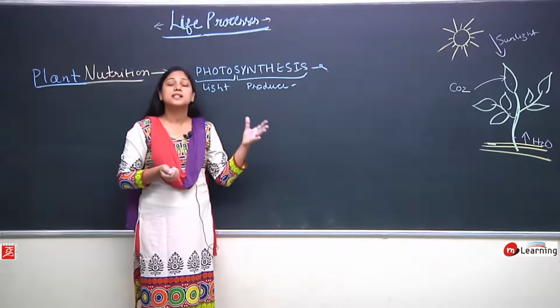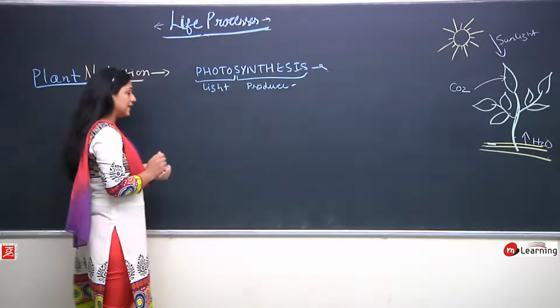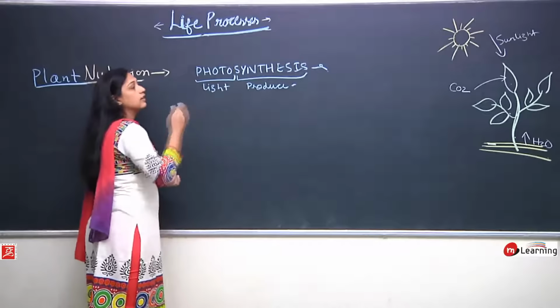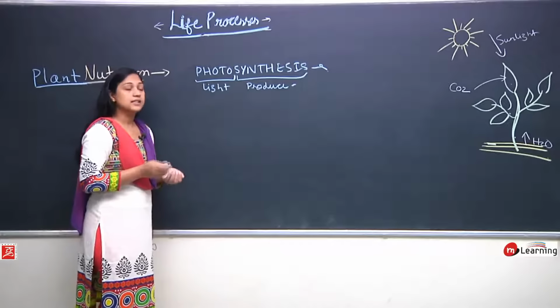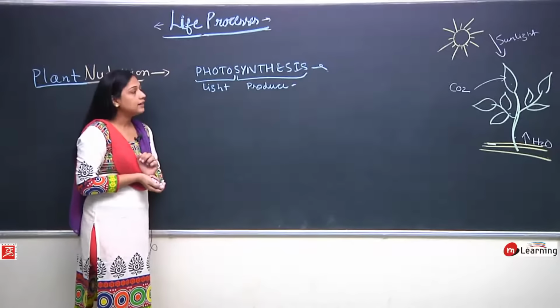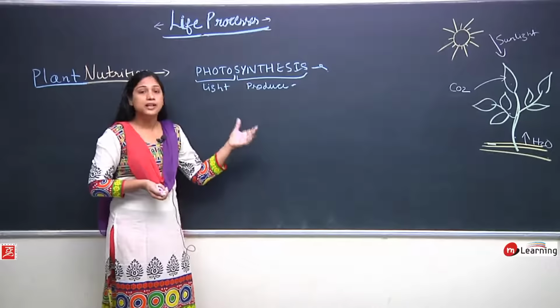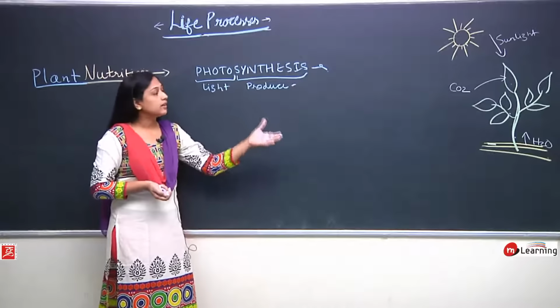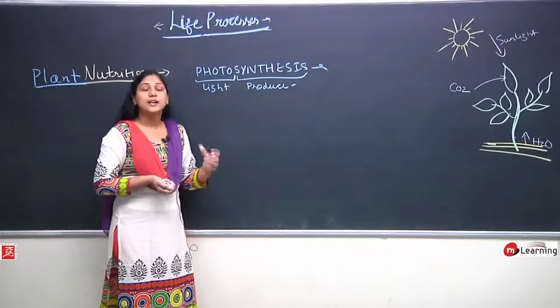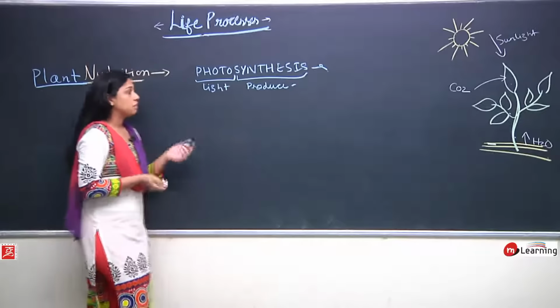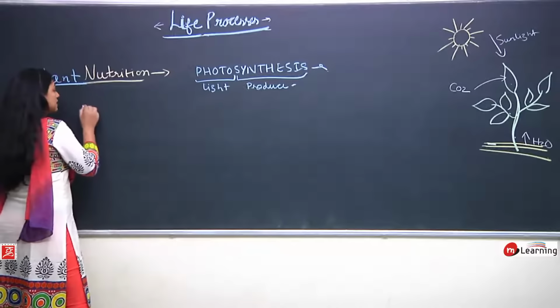So, this process is in the presence of sunlight and chlorophyll, and they utilize carbon dioxide from the surroundings and water from the soil, and they produce the organic compound. So, what is photosynthesis?